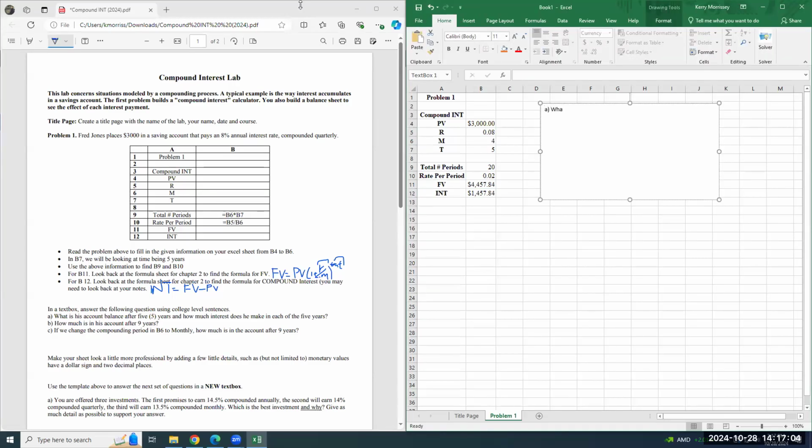So it's A, what is his account balance after 5 years, and how much interest does he make in each of the 5 years? Let's see if we can answer that.